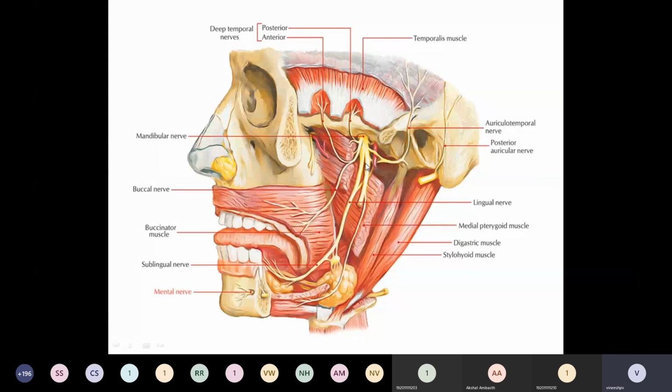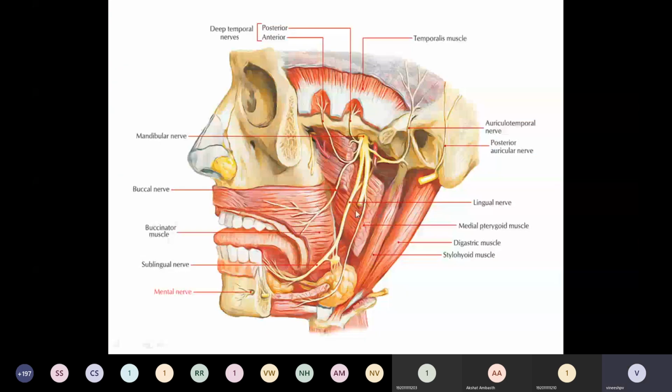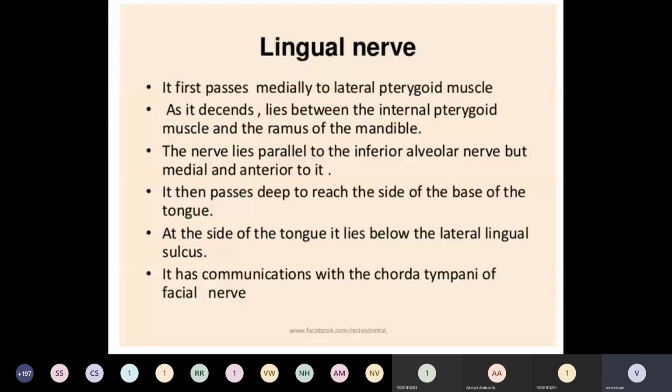So the lingual nerve, if it is asked: it is a branch of the posterior division of the mandibular nerve, runs downwards, anterior and medial to the inferior alveolar nerve, between the lateral pterygoid muscle and the ramus of the mandible. Then it reaches the side of the tongue and supplies the anterior two-third of the tongue. Clear? So that is the lingual nerve, right?